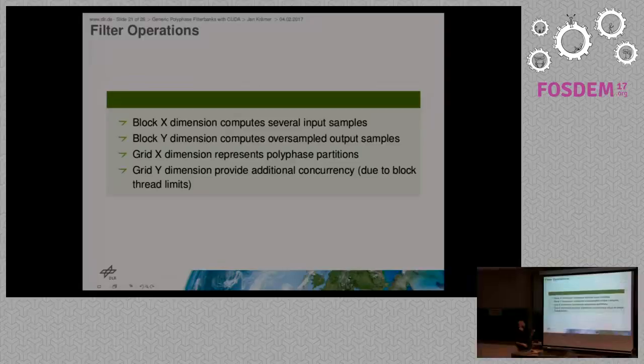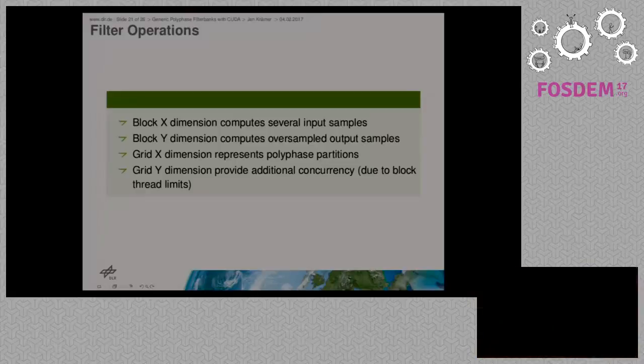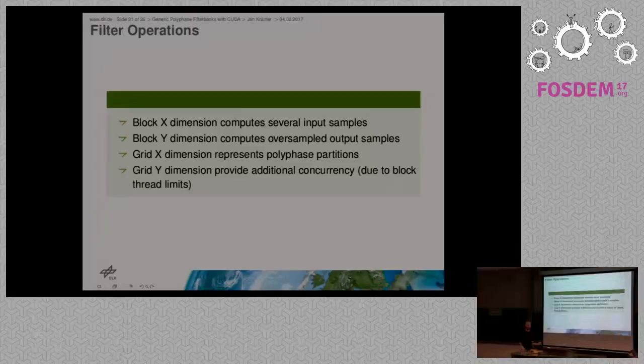The second dimension, the Y dimension, takes care of it if I want to oversample the output. The first dimension of the grid represents how many channels I want to have, and the second dimension of the grid is there in case we don't have enough threads already executing, then those will provide additional concurrency.